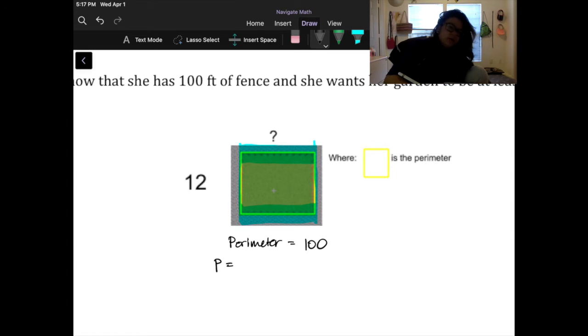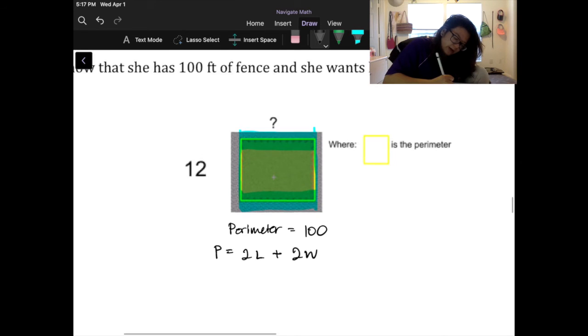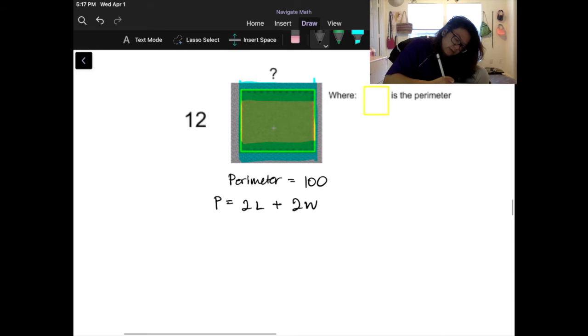Perimeter, which I'm going to write as P, equals 2 times L plus 2 times W. I know that P equals 100. I know that L equals 12. And I'm trying to solve for W again.